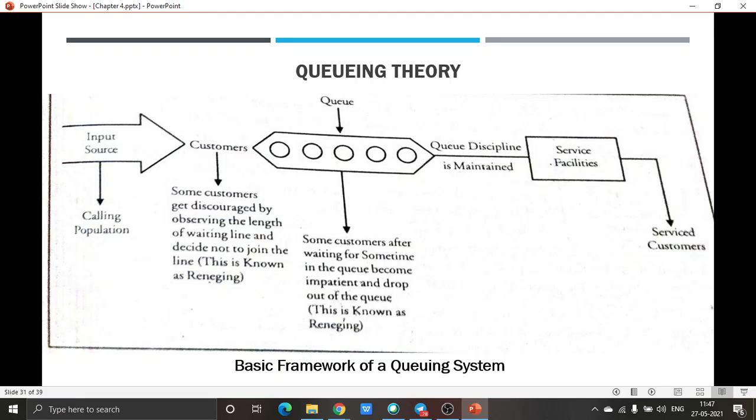Now, it is one of the most common phenomena of our modern day life. We daily see that customers requiring service assemble and wait in queues to get their turn of service.